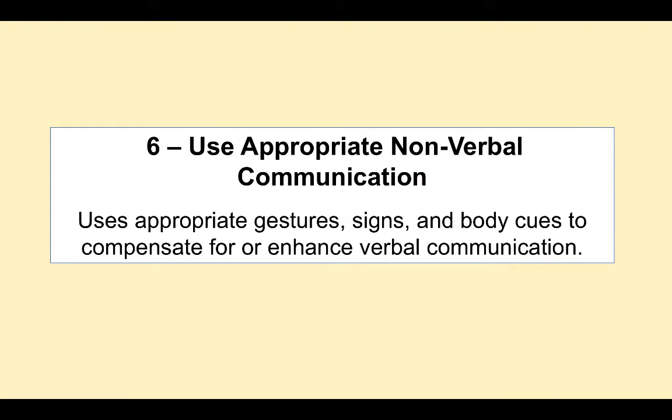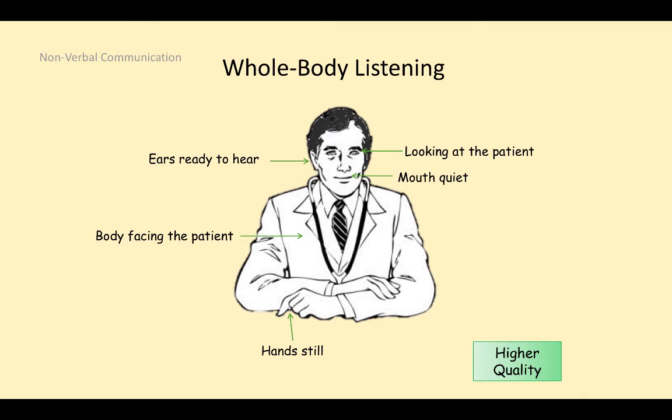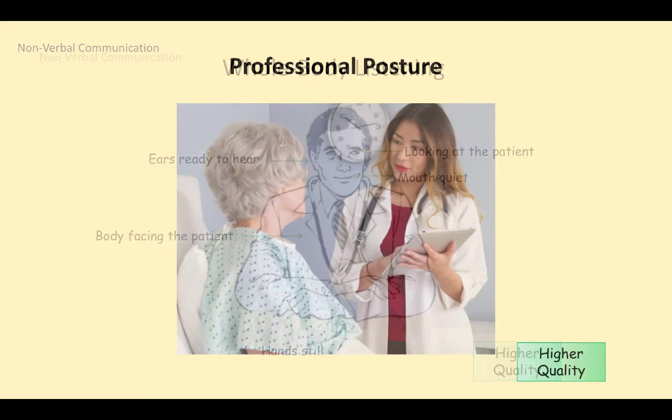And finally, using appropriate nonverbal communication, where they're using appropriate gestures, signs, and body cues to compensate for or enhance their verbal communication. So one thing that we would look for is, perhaps under active listening or just during the entire encounter, are they really seated in front of you, whole body listening, face squarely in front of you, making eye contact, not fidgeting around?